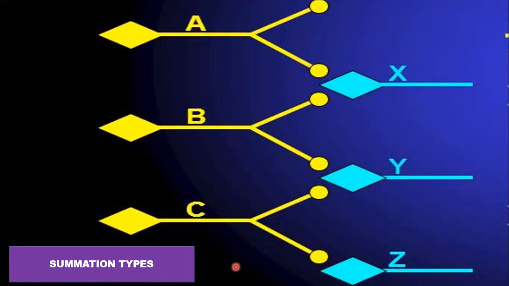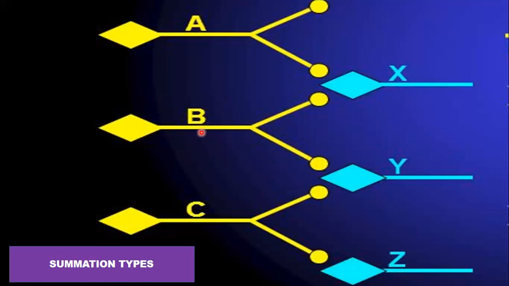The example of temporal summation which we can see is that suppose here neuron B diverges to X and Y. If B discharges many times, then X and Y will also discharge due to our temporal summation. So temporal summation is our successive discharge from a single presynaptic terminal.